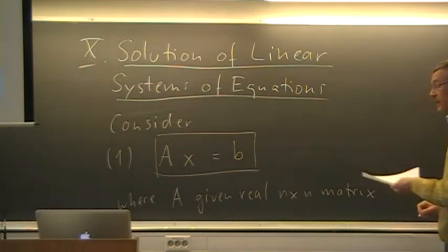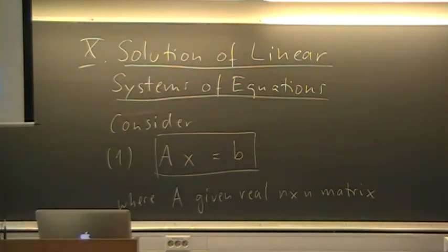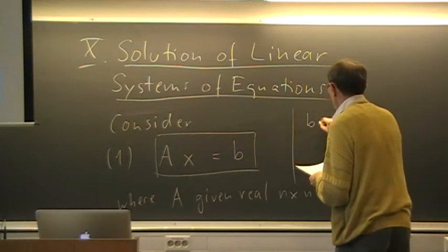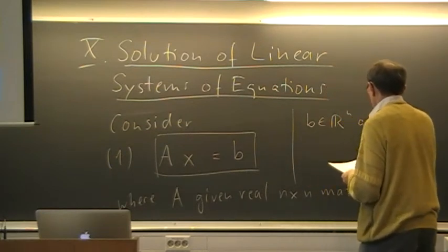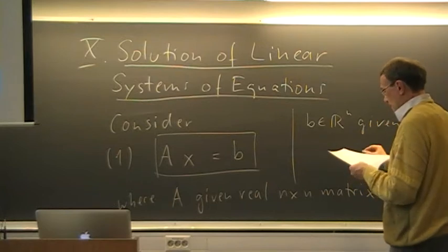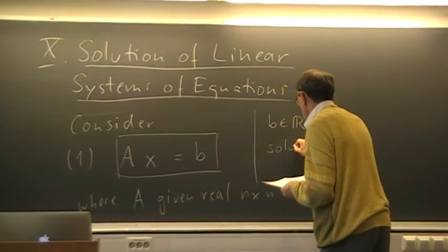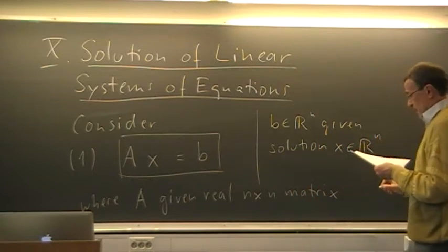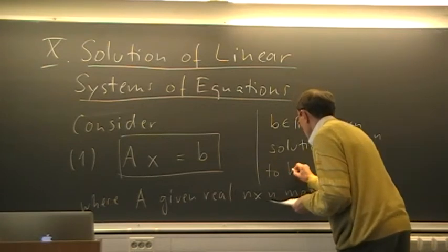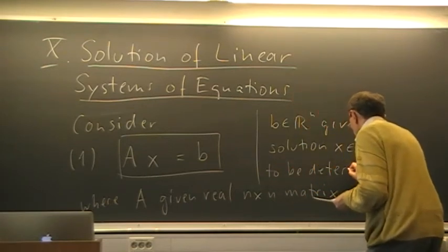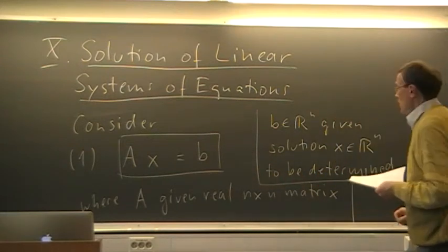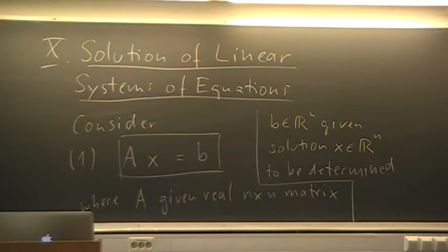So now we use the little n as the dimension also of the unknown and of b. Consequently, b in R^n is given, and the solution that we are supposed to determine is x. So that is our task.